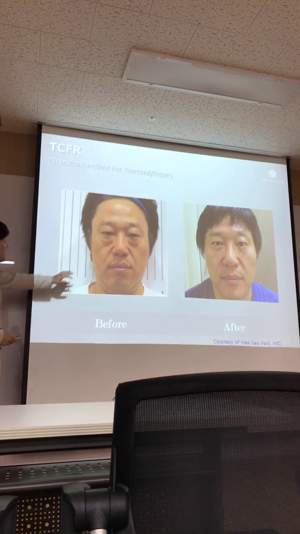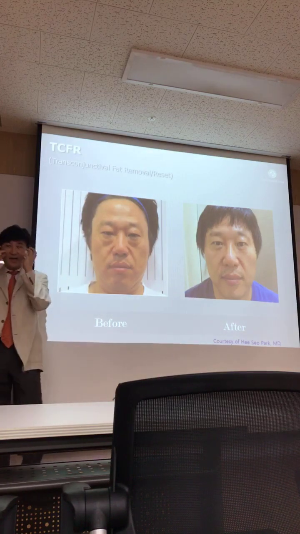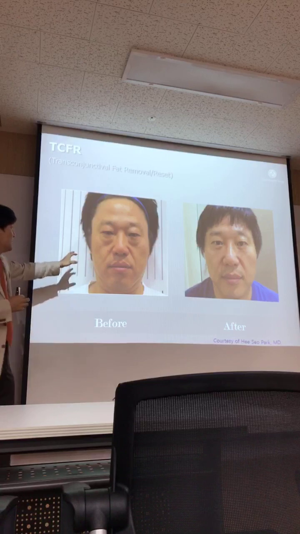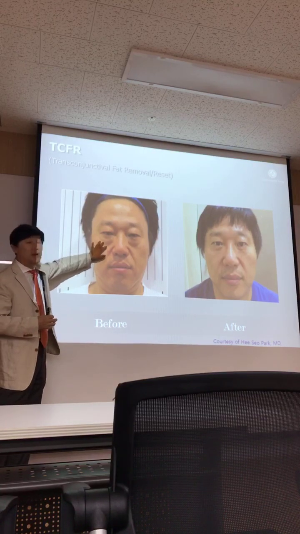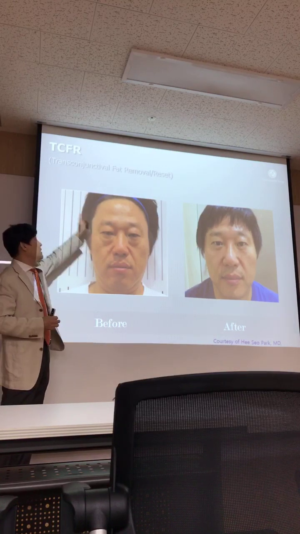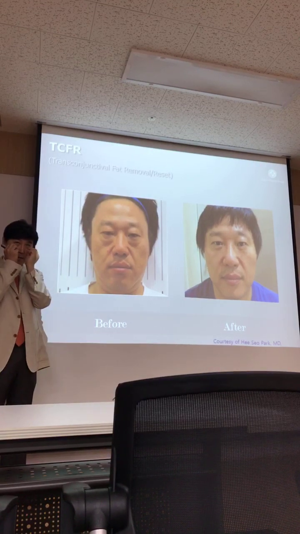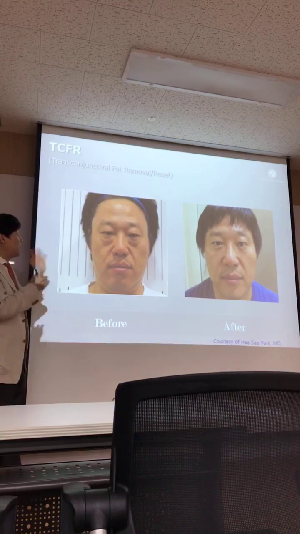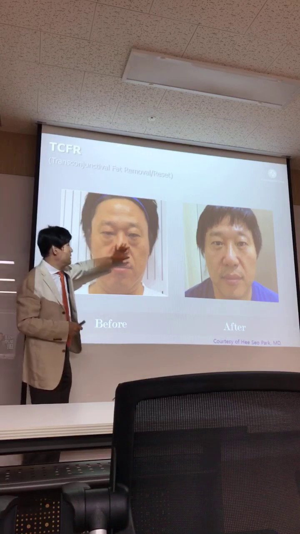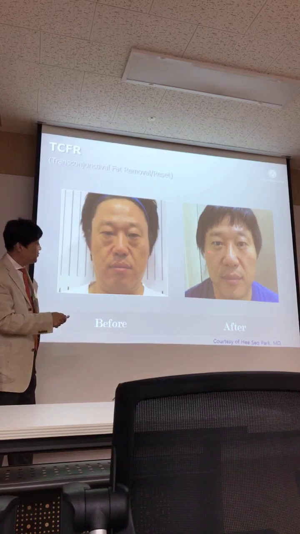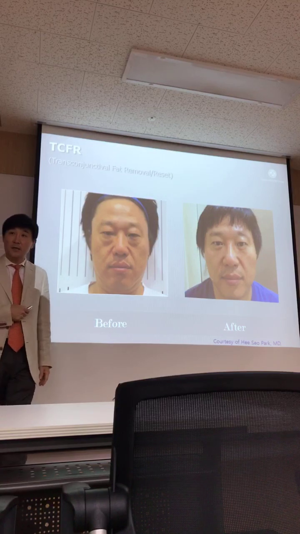This patient has a very big eye bag. For a patient like him, transconjunctival fat removal only usually makes skin sagging after treatment. But by combining with Agnes skin tightening, he shows no sagging, no wrinkle.